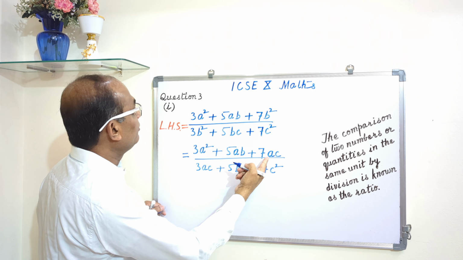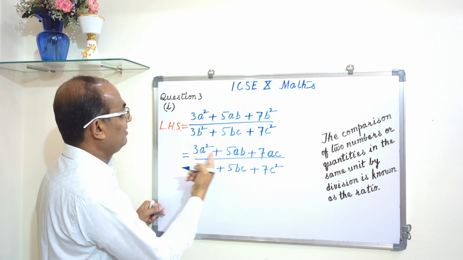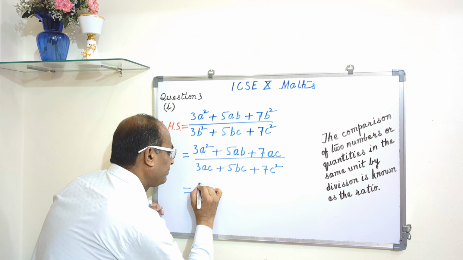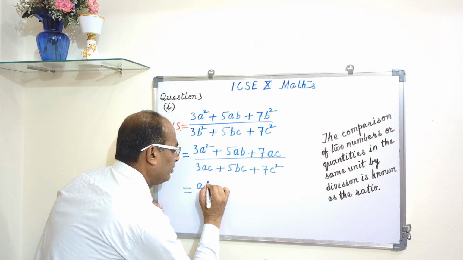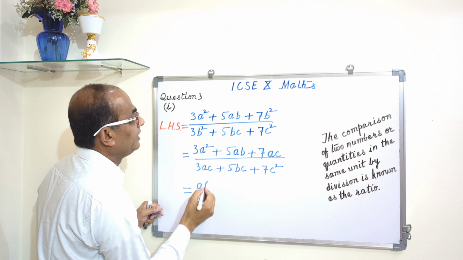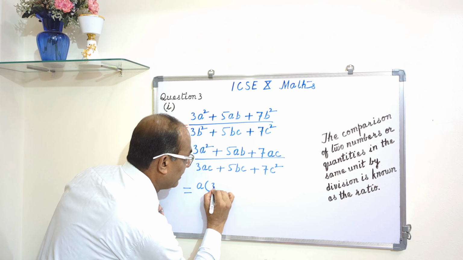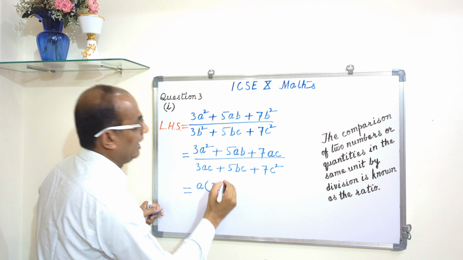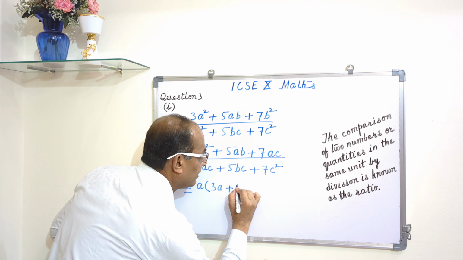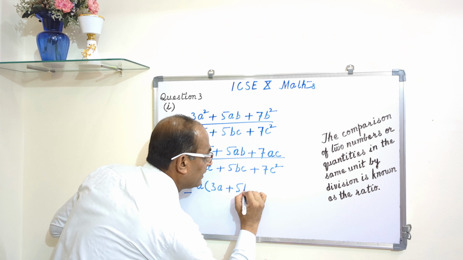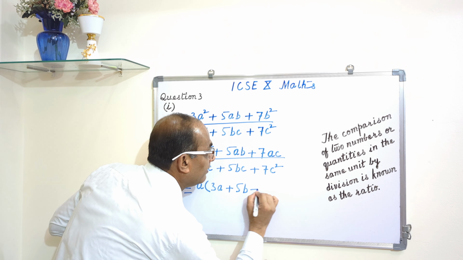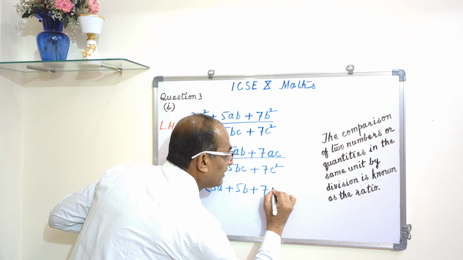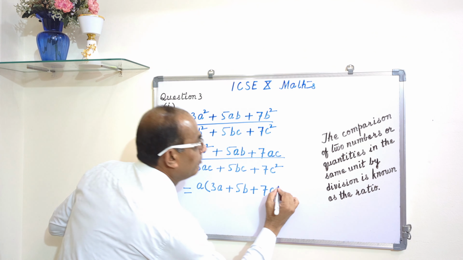Alright, now see if anything is common in the numerator. A is here, A is here, A is here. A is common, so we can take A common from the numerator and we get 3A plus 5B plus 7C, bracket close.